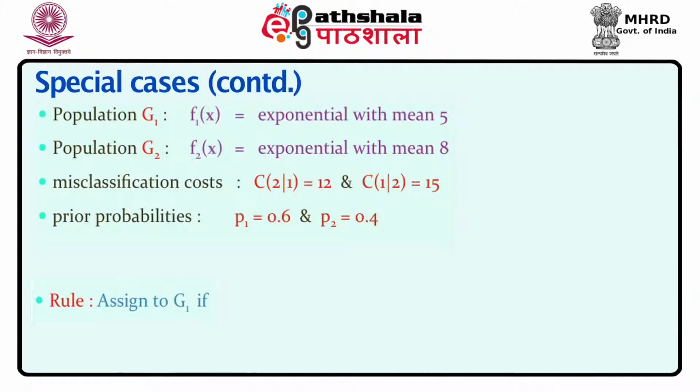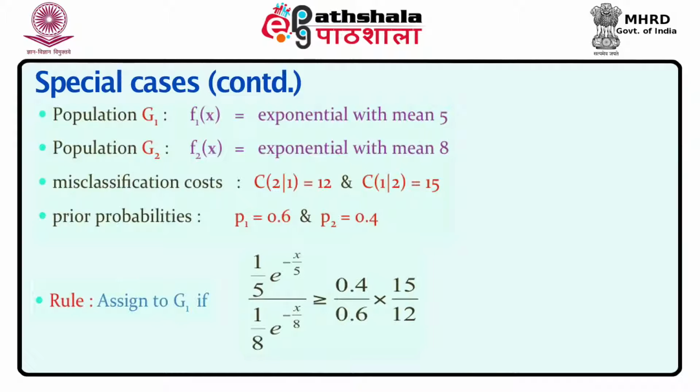Then the rule is to assign to G1 if f1(x) by f2(x), which is 1/5 e to the power of minus x by 5, that is the exponential density, divided by 1/8 e to the power of minus x by 8, which is the exponential density with mean 8, is greater than or equal to the ratio of the two prior probabilities, which is 0.4 by 0.6, into the ratio of the two misclassification costs, which is 15 by 12.